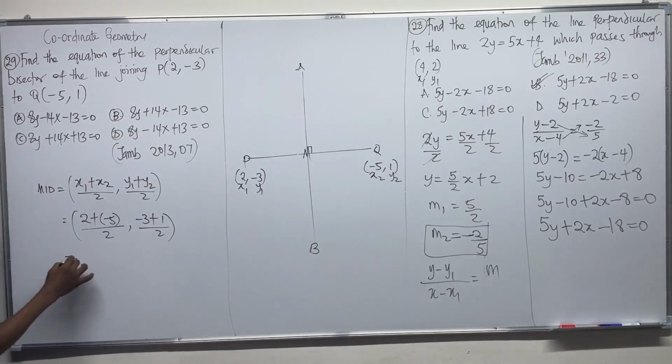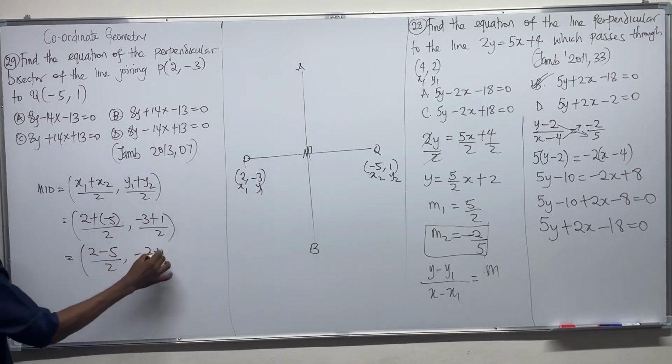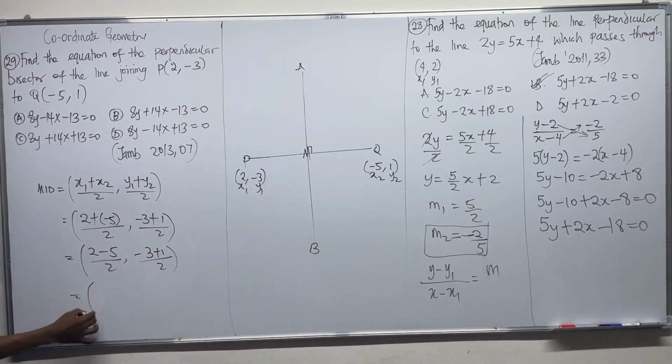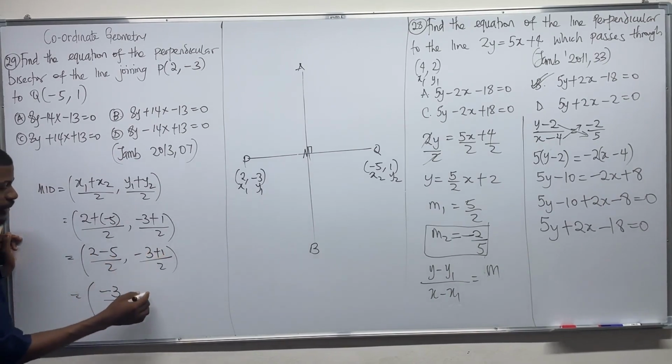So we're then going to have 2 plus times minus is minus, so that's minus 5 over 2. Then we've got minus 3 plus 1 over 2. Now what is 2 minus 5? 2 minus 5 is minus 3, then you put here over 2. Then what is minus 3 plus 1? Minus 3 plus 1 is minus 2 over 2.